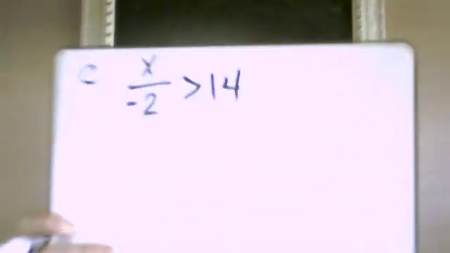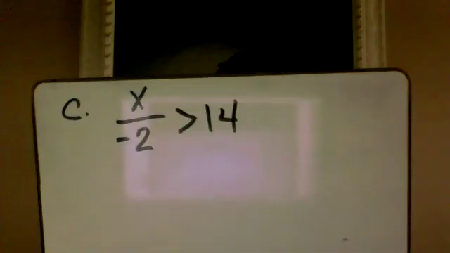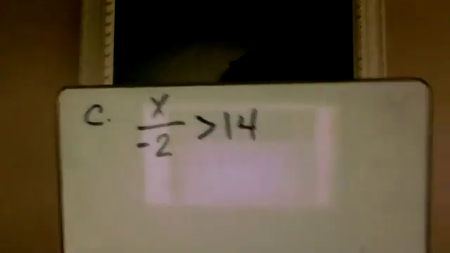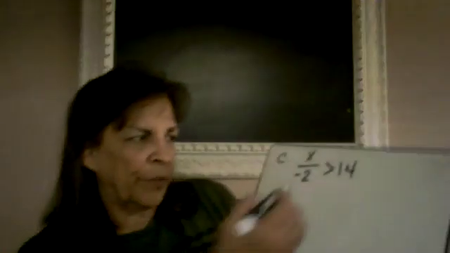Okay, let's do practice C. X over negative 2 is greater than 14. And they want us to solve for x and then graph it. So let's solve for x.